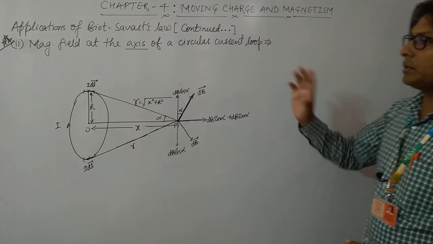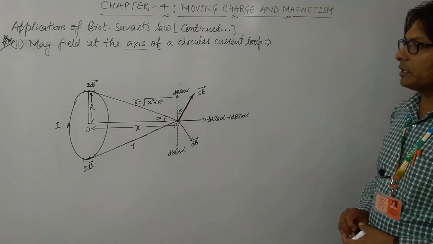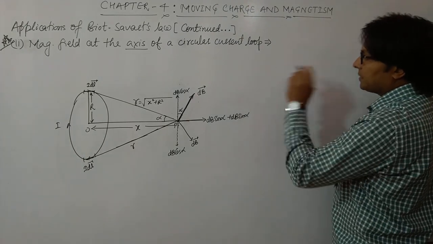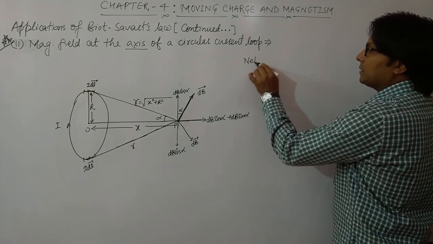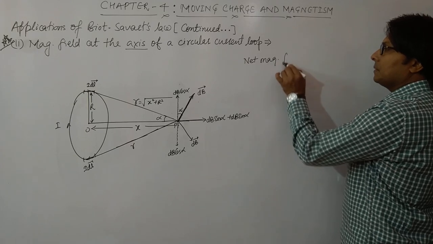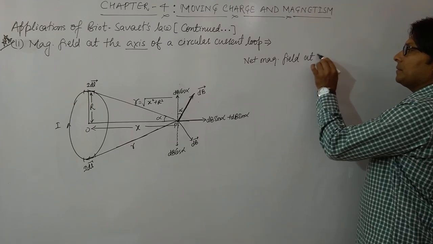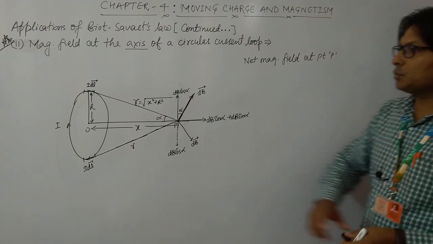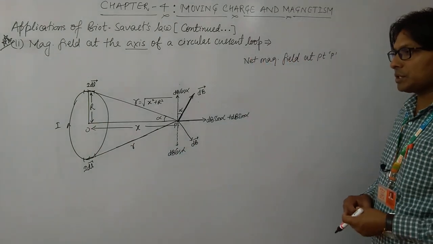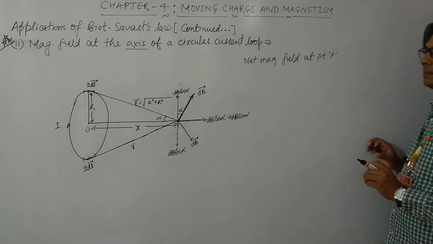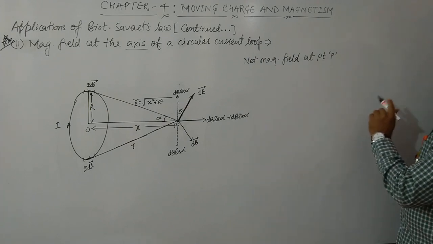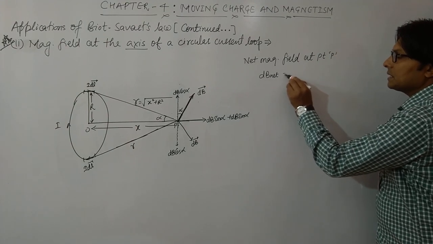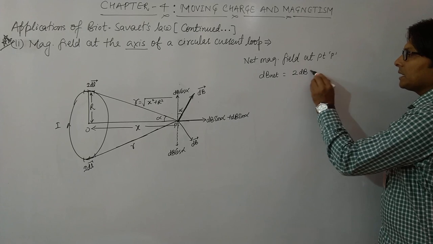Okay, now let us try to derive the formula of the magnetic field at point P. So the net magnetic field at point P, due to these two current elements which are diametrically opposite and the same in all ways, can be written as dB net is equal to 2 dB sin alpha.